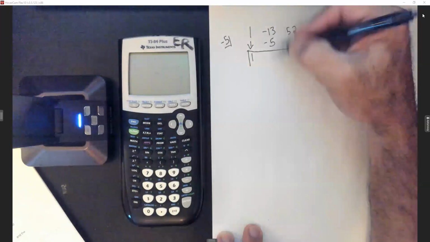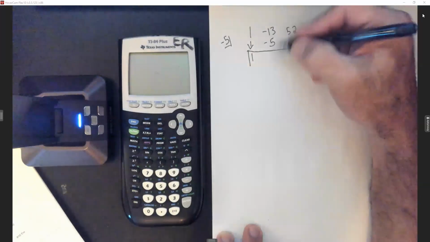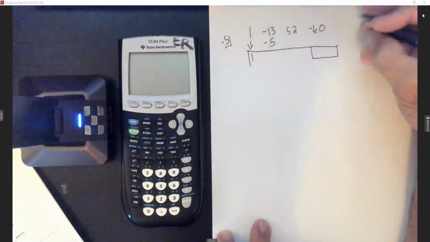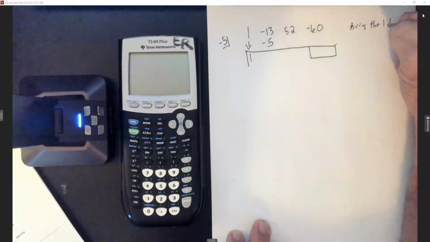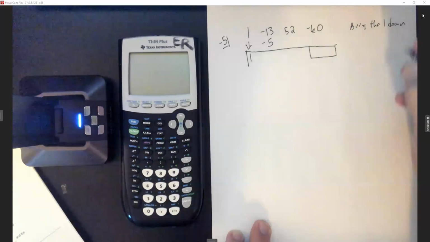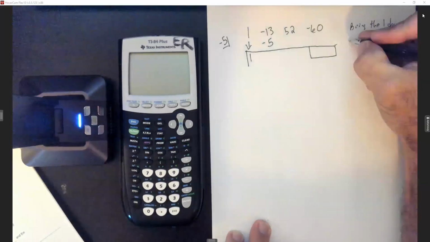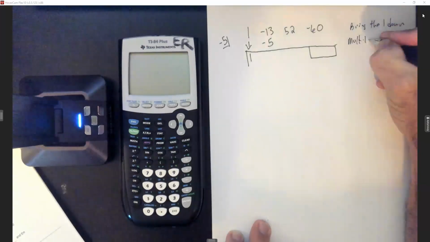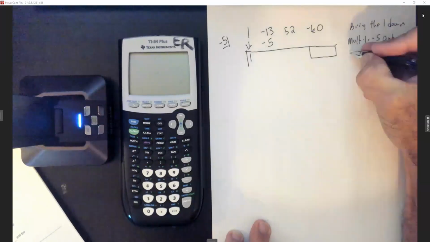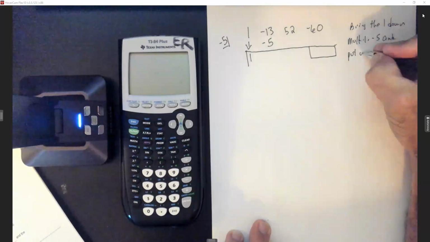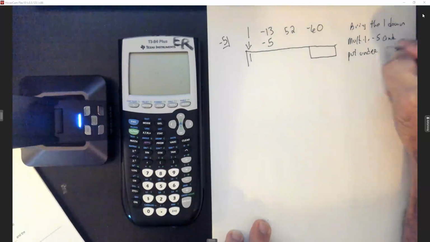Add the column up. So if I was going to write notes on this, I'd say bring the 1 down, multiply 1 times negative 5, and put under the negative 13.